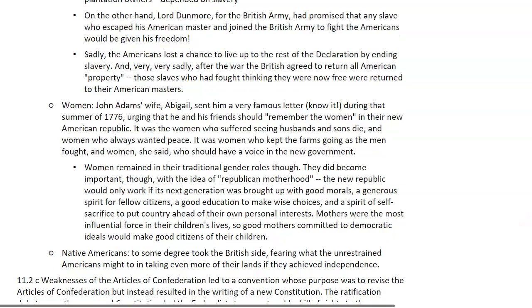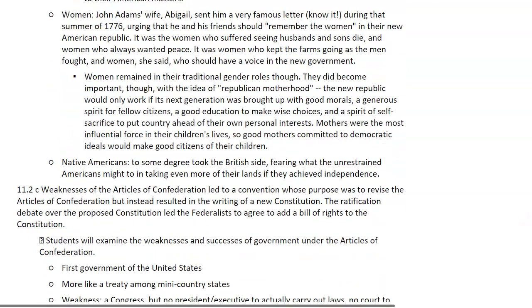Let's talk about women for a minute. At the same time that Adams is writing the Declaration of Independence with Jefferson in the Continental Congress, his wife, Abigail, who was a very bright woman and advised John on a lot of topics, sent him a very famous letter urging that he and his friends should, quote, remember the women, unquote, in their new American Republic.